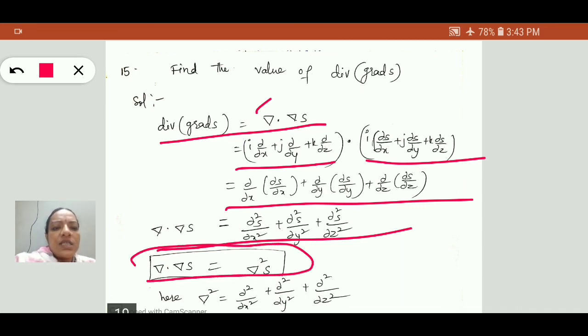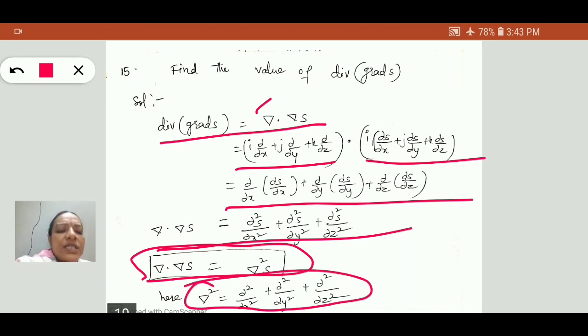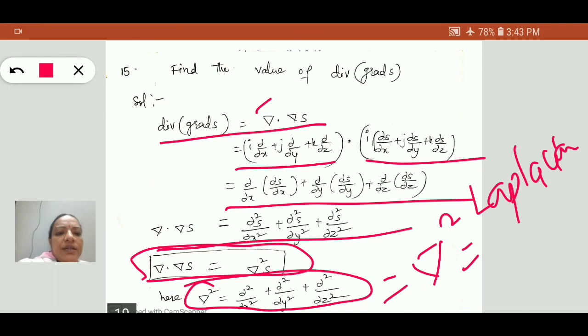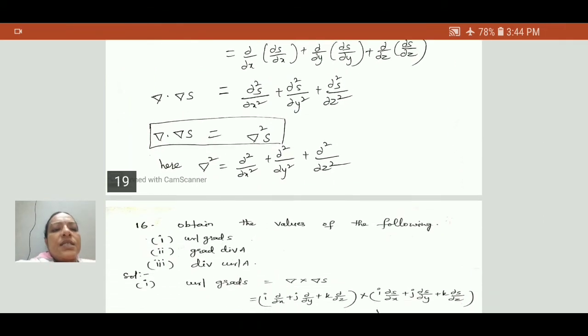So it is nothing but del square S. Here dou square by dou x square plus dou square by dou y square plus dou square by dou z square is nothing but the Laplacian operator, that is del square. So the divergence of gradient is nothing but del square S.